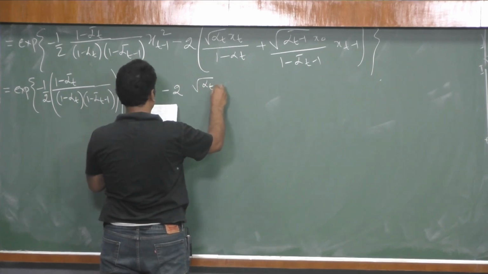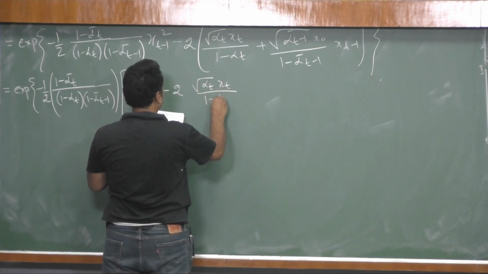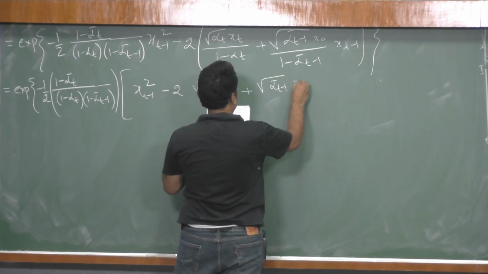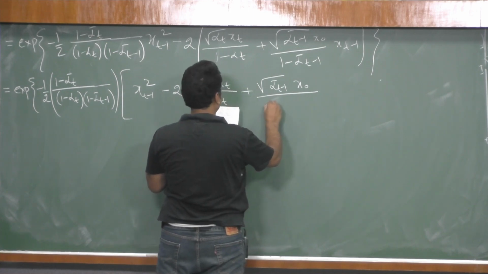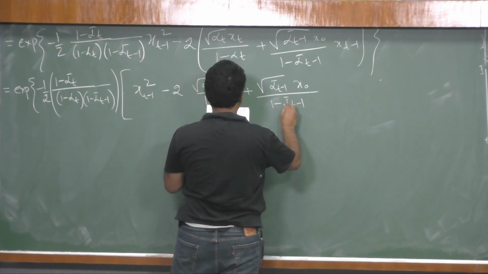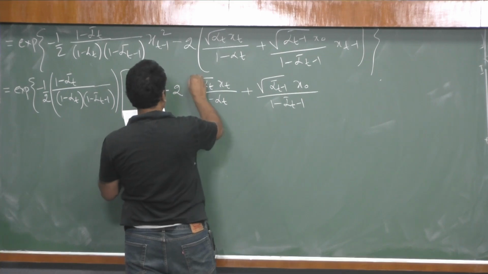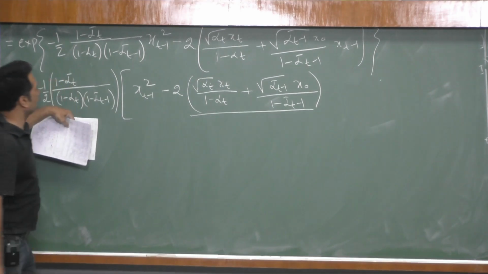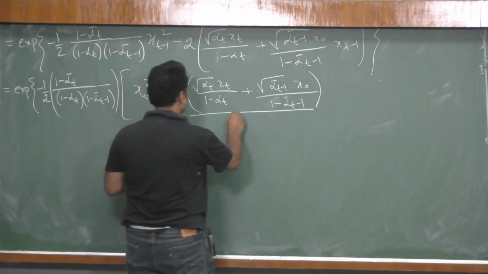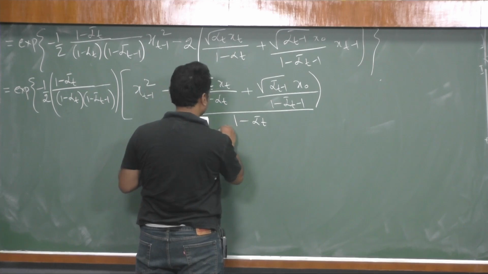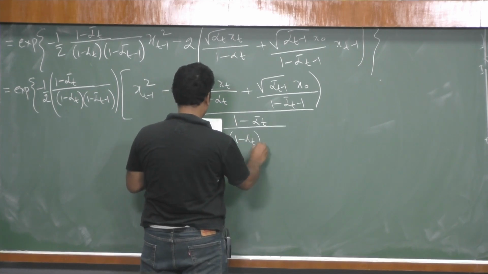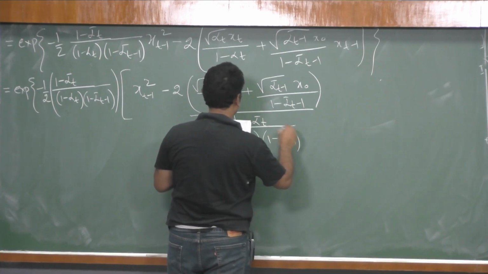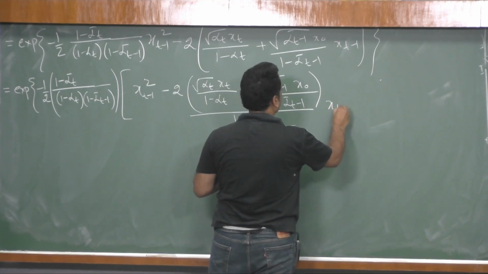So alpha bar t xt, 1 minus alpha t, square root of alpha bar t minus 1 x naught, 1 minus alpha bar t minus 1. So this in the numerator, and then it gets divided by what I took the common. Okay, so this gets divided by 1 minus alpha bar t divided by 1 minus alpha t, 1 minus alpha bar t minus 1, and whole thing with xt minus 1.